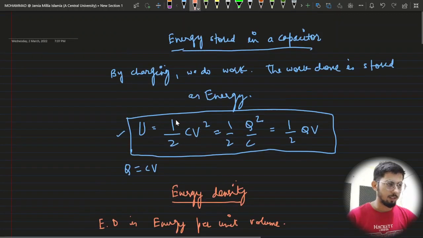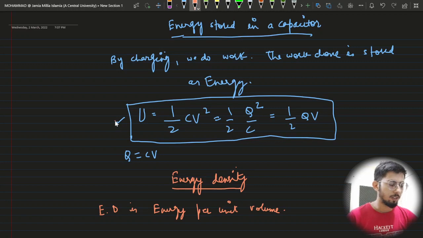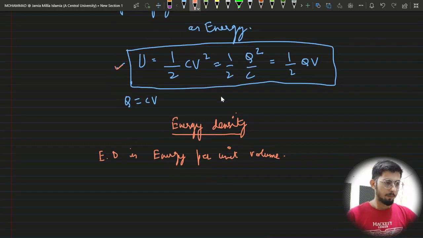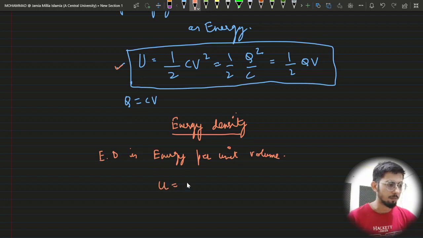The energy in general is the whole energy of the capacitor, but this is energy per unit volume, which we will call the energy density, and that is denoted by small u, as opposed to capital U.